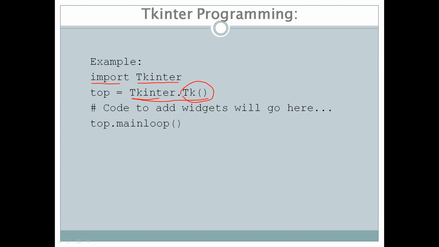That is the reason we have used tkinter.Tk, and that will return a reference to the top level window, which is stored in top. So once you call that, you have created the top level window like this. So your top level window is ready.